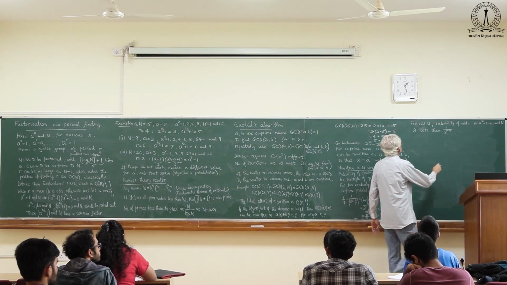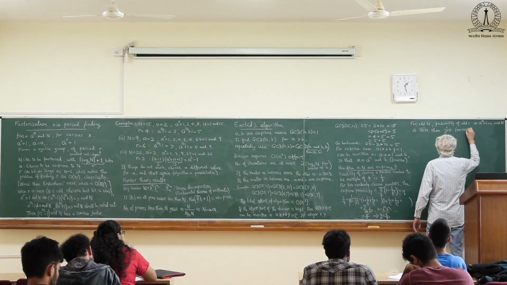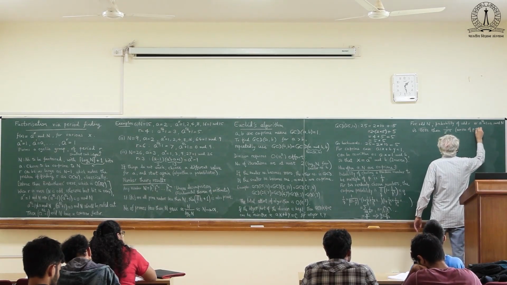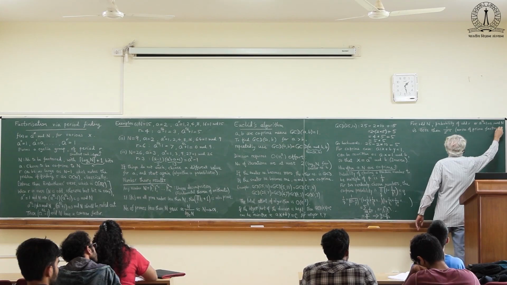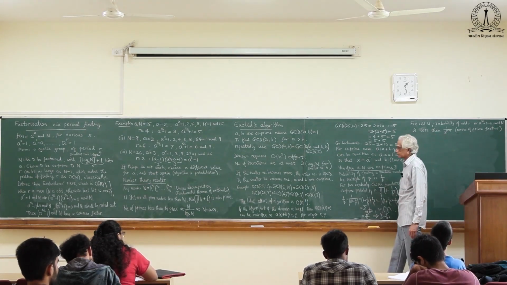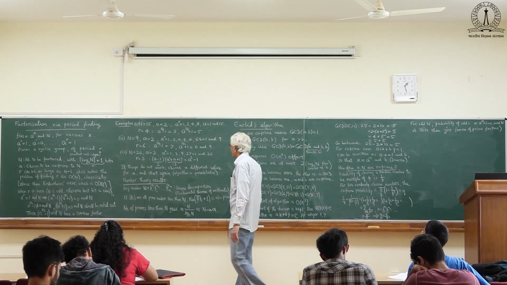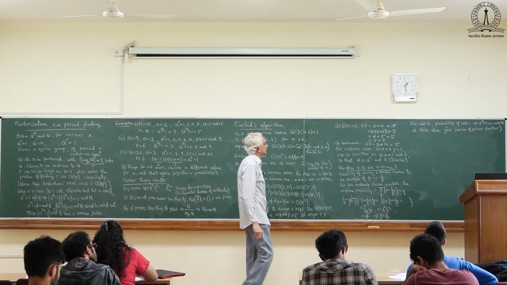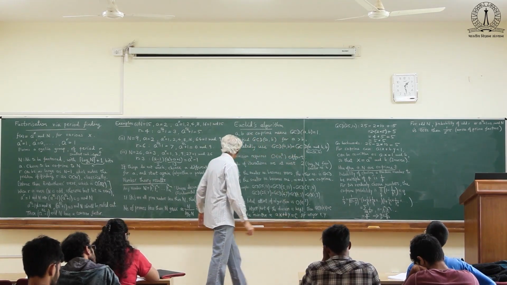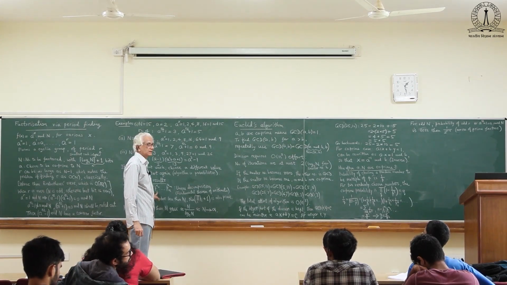M is the number of prime factors. And that means probability will be less than half if there are two factors.